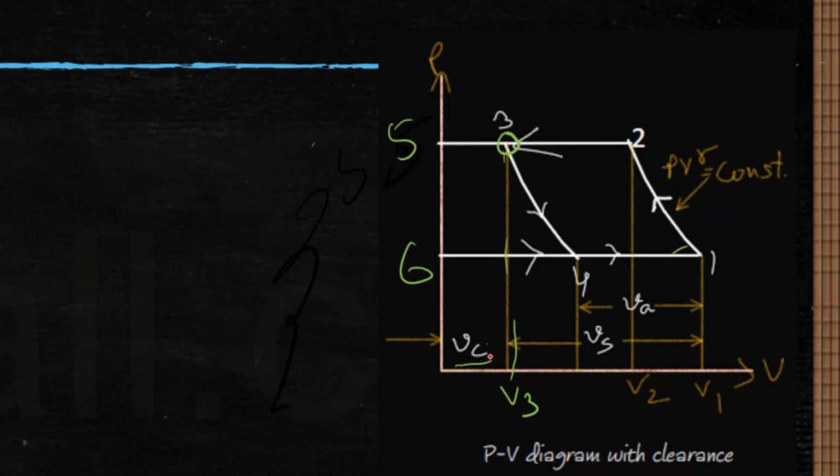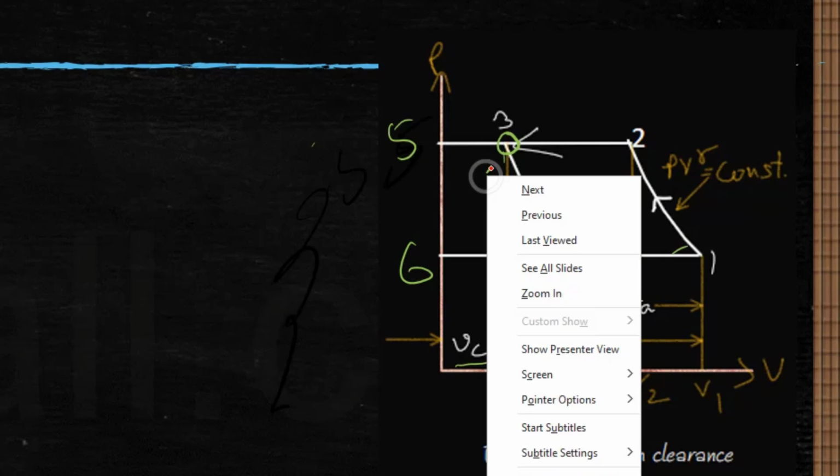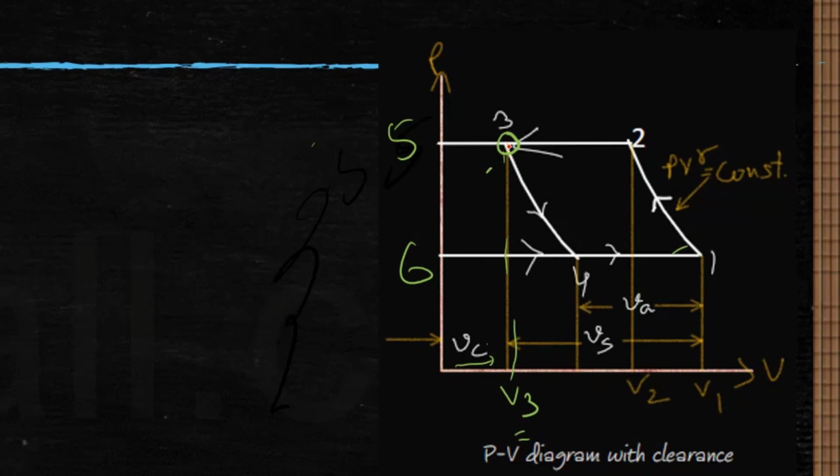So this Vc is the clearance volume, Vc equal to V3. So the piston moves from BDC to TDC, but before reaching the TDC, the process will be 3, 4.